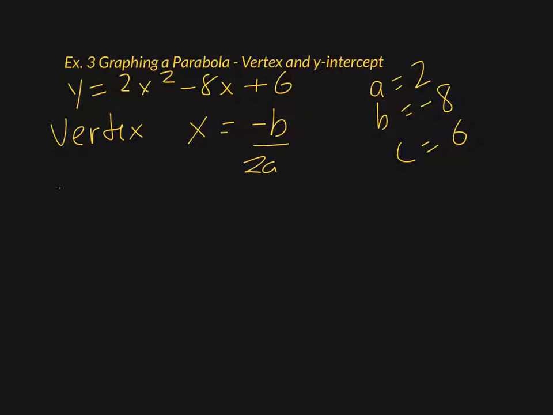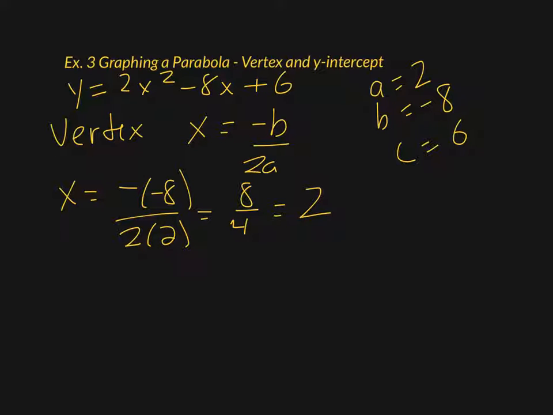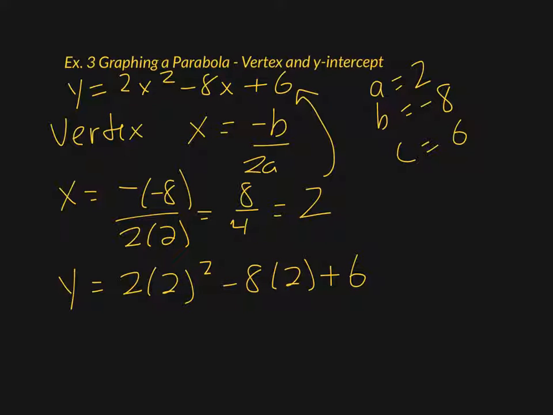So let's plug it in. We have x equals negative 8 over 2 times 2, which is 8 over 4, which is 2. Now, this is the x-coordinate only. So we have to plug this in for x into the first equation to then get the y-coordinate. So y equals 2 times 2 squared minus 8 times 2 plus 6.